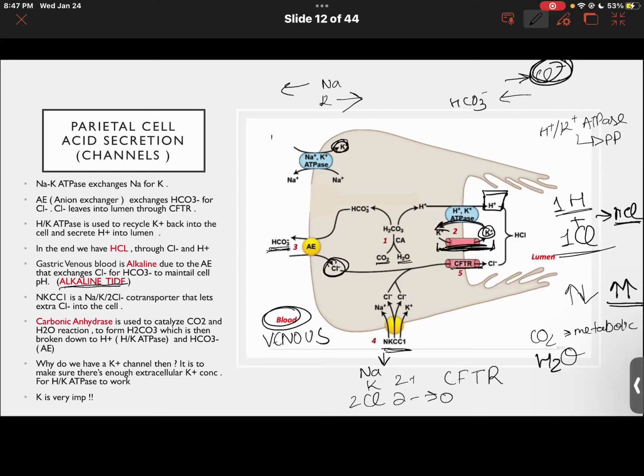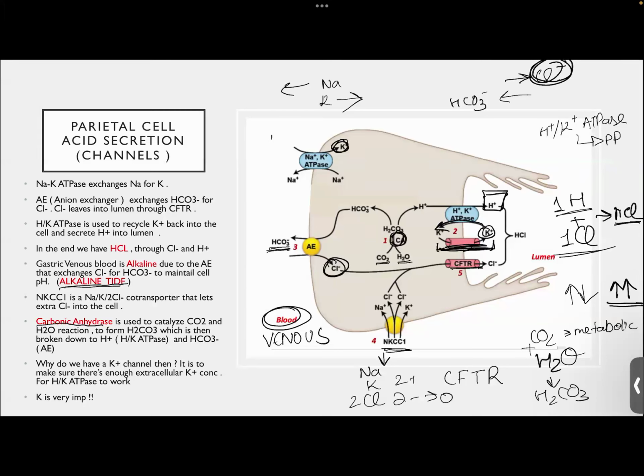Every cell has water. We need water to survive. So both of these join, and they form H2CO3. And the enzyme that catalyzes this reaction is carbonic anhydrase, which is CA, as shown in the diagram. So CA catalyzes the reaction of CO2 and H2O to form H2CO3.